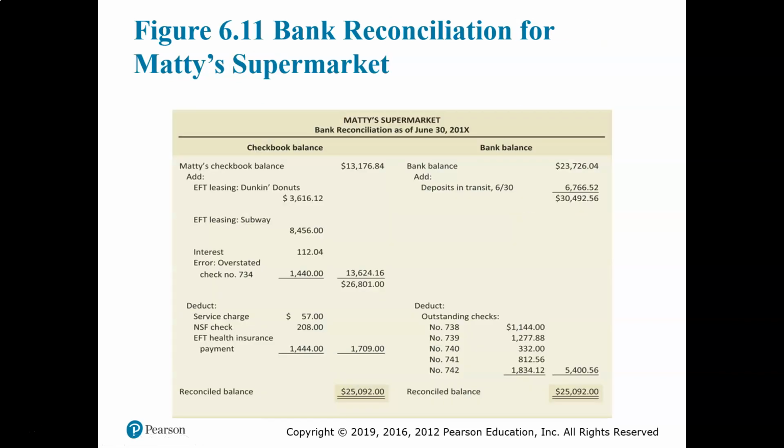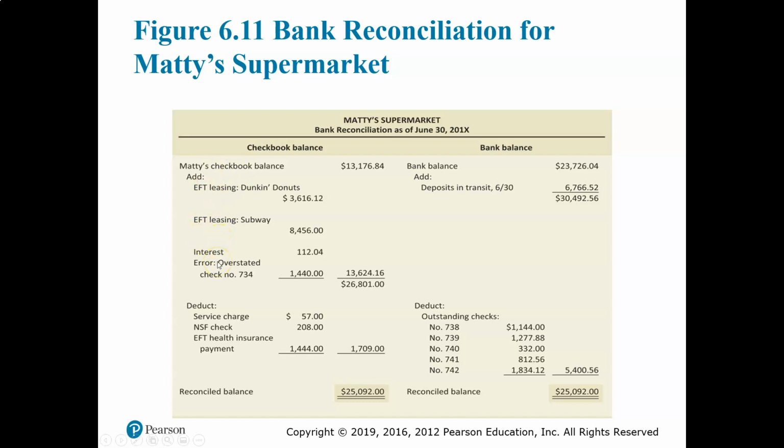Okay, so here is a formal bank reconciliation for a company. You start with your checkbook balance and your bank balance. So the balance in your cash account as of June and your ending balance as of your bank statement. Okay, here we had a couple of EFTs we needed to record that weren't recorded in our checkbook balance.